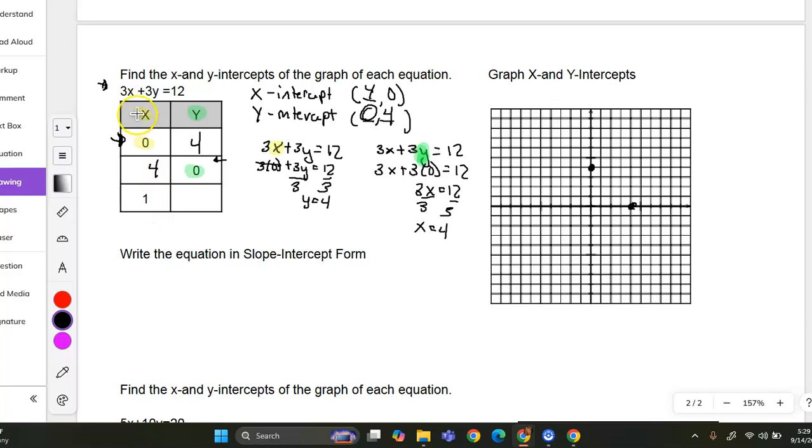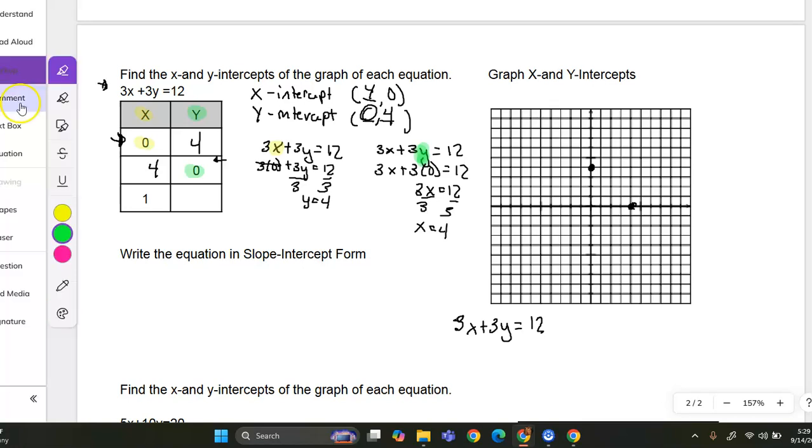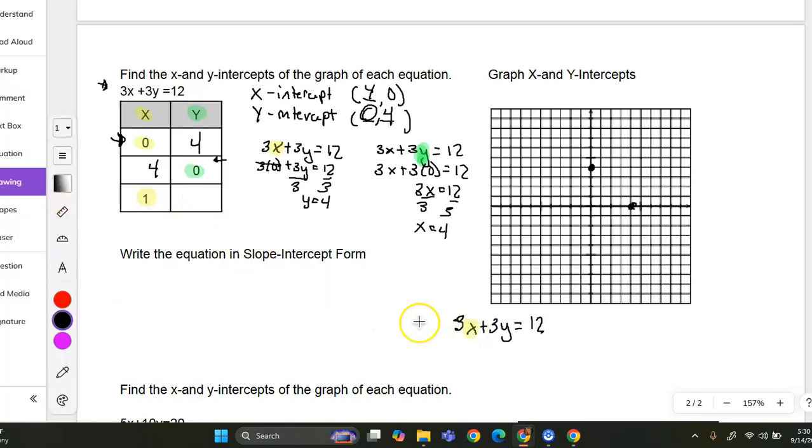Okay, well, I have one more. They also told me x is 1. So I'm going to use the same equation, 3x plus 3y equals 12. And again, instead of using x, we're going to take our x out and we're going to put in 1 because they told us x equals 1. So 3 times 1 plus 3y equals 12. 3 plus 3y equals 12.